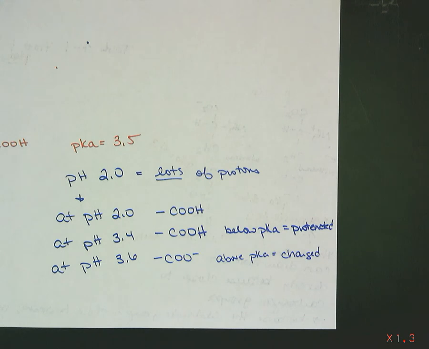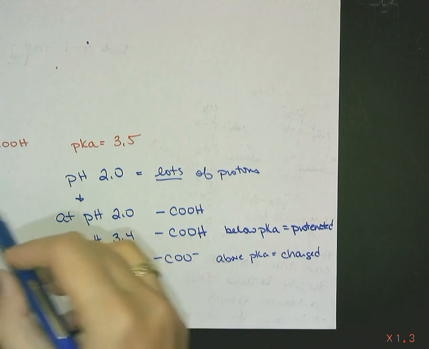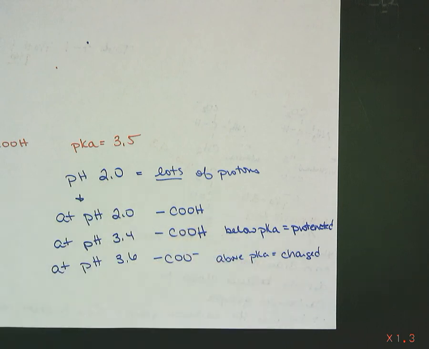So let's look at some ionization. So this is just one. Oh yeah, question. What if the pH was exactly 3.5? Then it's in equilibrium with its acid-base form. So there'd be equal parts, right, it'd be switching back and forth, equal parts protonated, deprotonated.